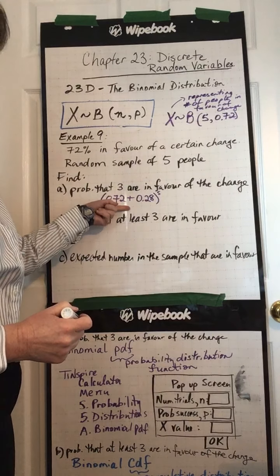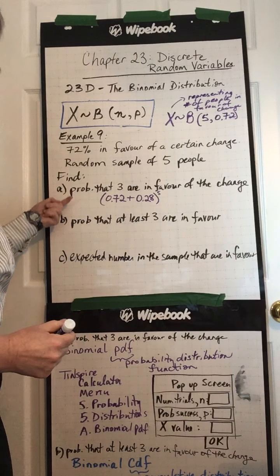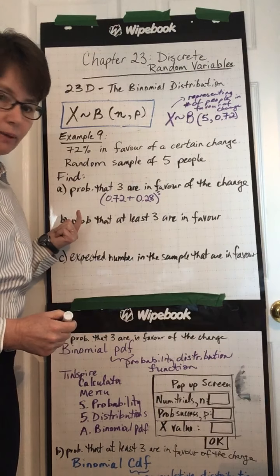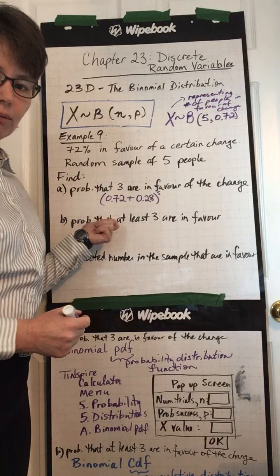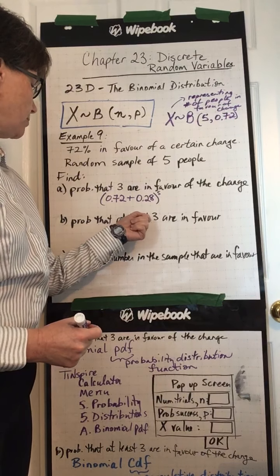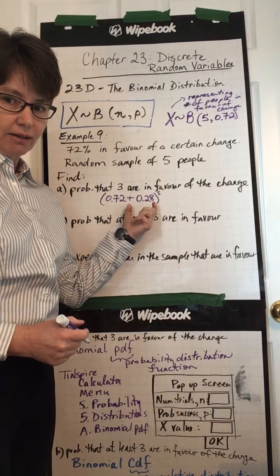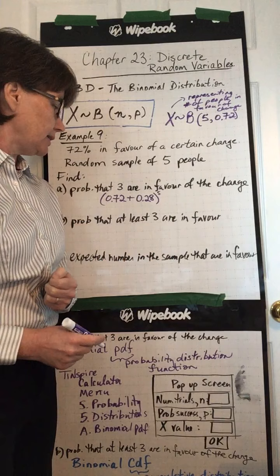We would expand this all out. The very first term would represent the probability of all 5 people. The second term would represent probability of 4 people. The third term would represent probability of 3 people.